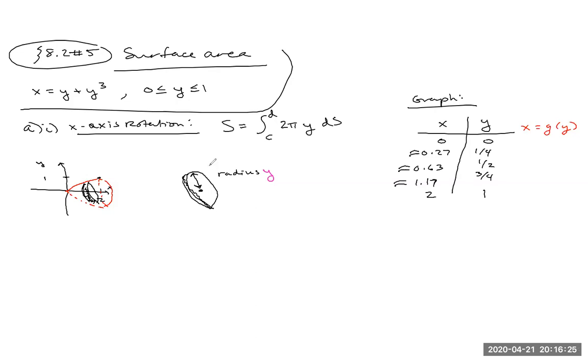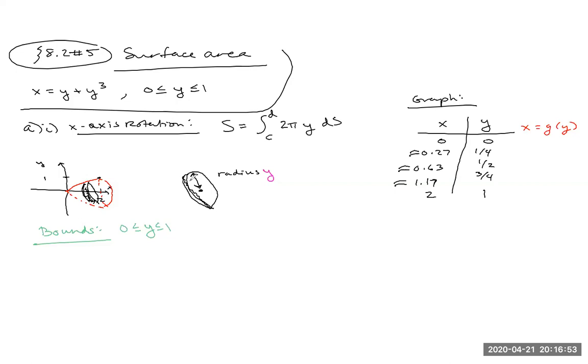Okay, so things that we know at this point. Let's also put our bounds in. We know our bounds are given in terms of y, that's from 0 to 1. So we have this part c to d here. Radius y, the y is going to be the part right here.